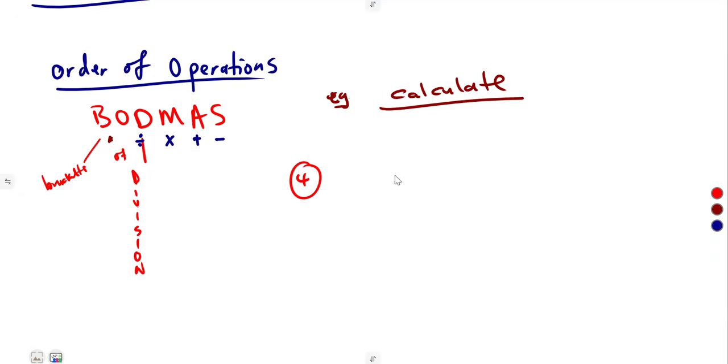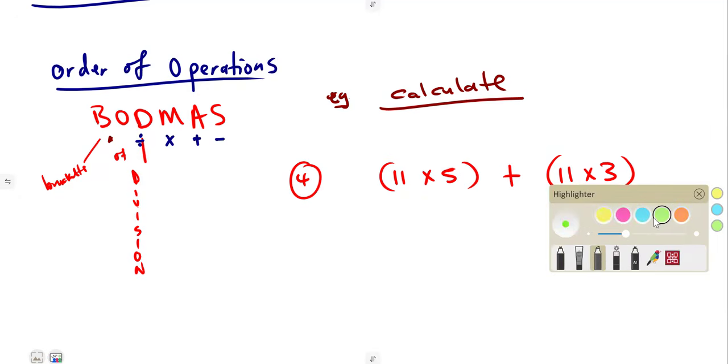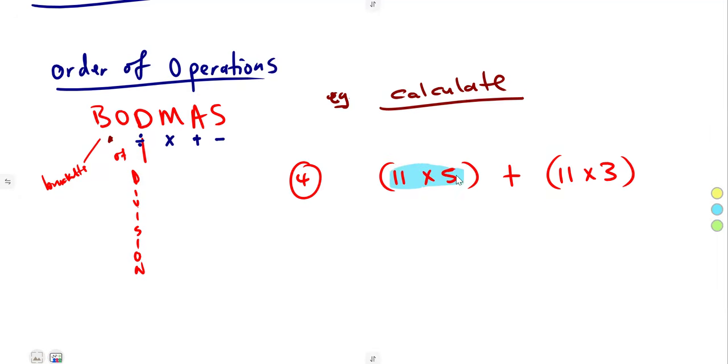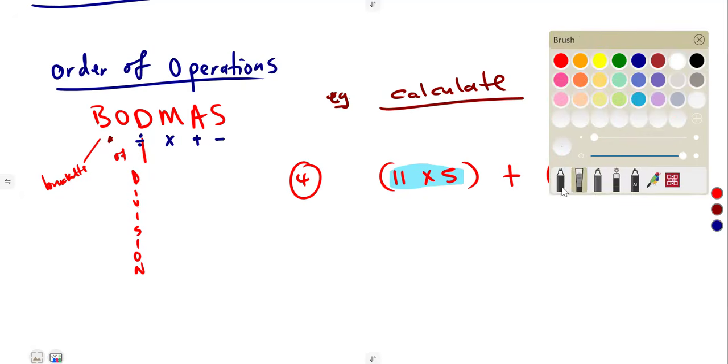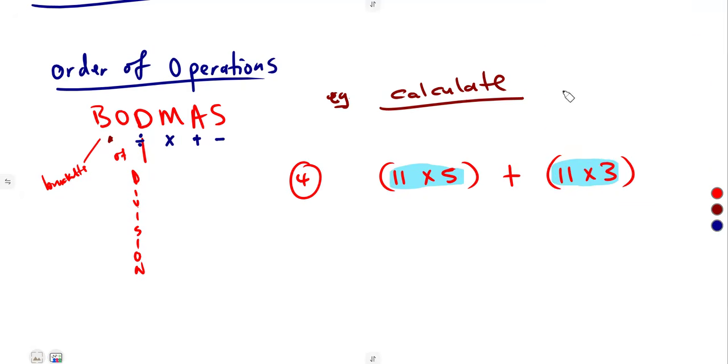Even if you're given two of them, simplify each. All right? Just like 11 times 5 like this, then plus 11 times 3. There is a bracket, there is a bracket. So according to the BODMAS, brackets first we must consider. So you consider this bracket and also this bracket here. If you were to simplify what is inside the brackets here, it's a product, a multiplication.